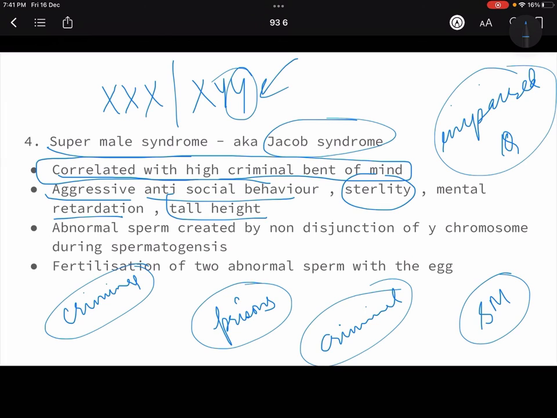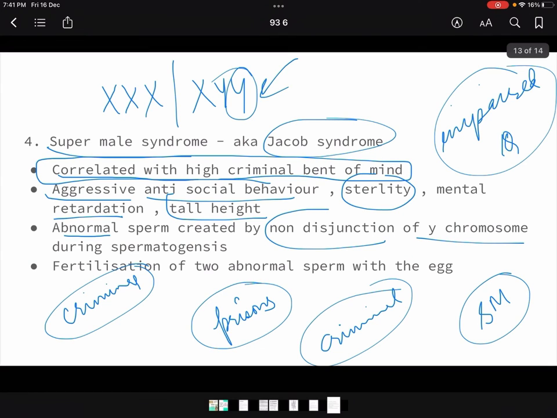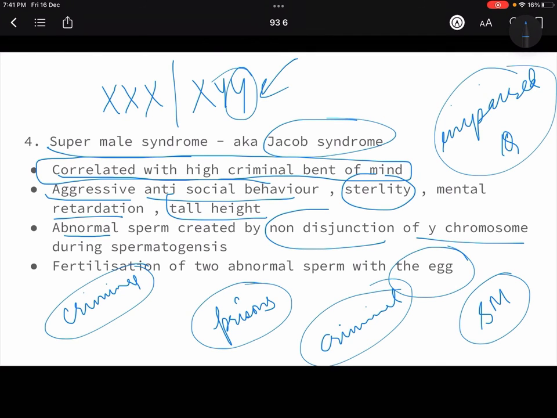So it happens because of the abnormal sperm and non-disjunction of the Y chromosome. Now what is happening this time? The Y chromosome is not able to separate properly, there is non-disjunction, and two abnormal sperms fertilize one egg. So what is happening? Two abnormal sperms fertilizing with one egg.